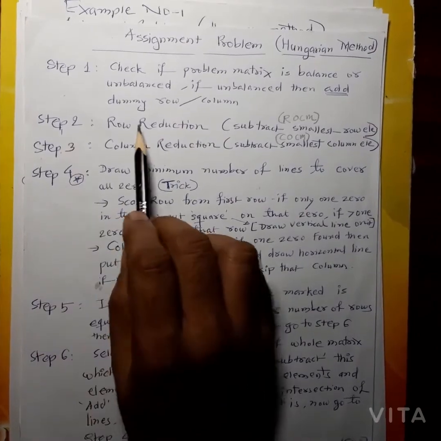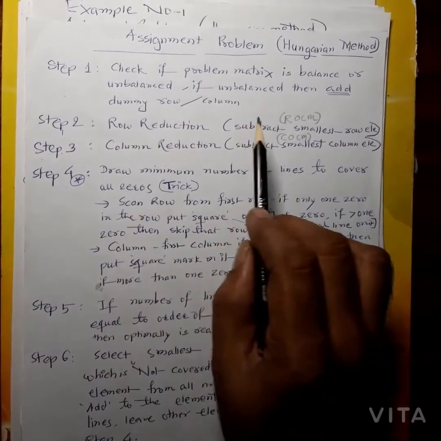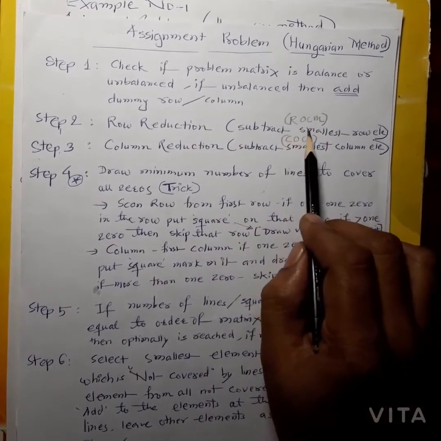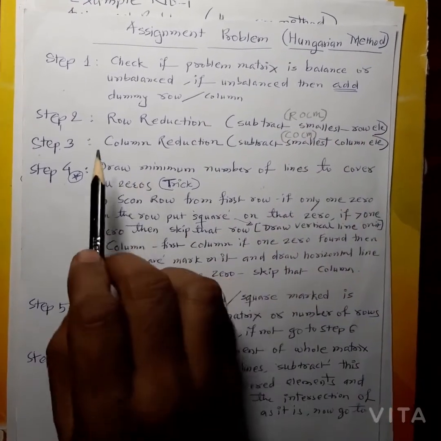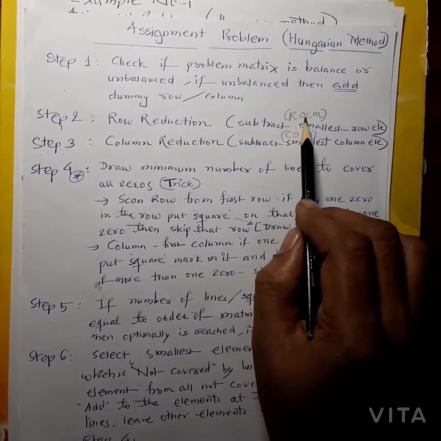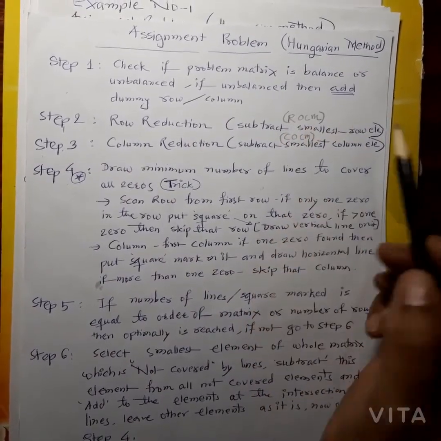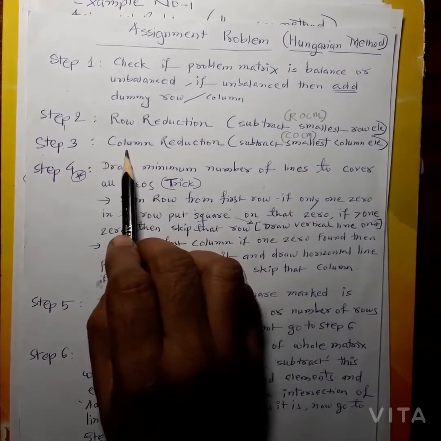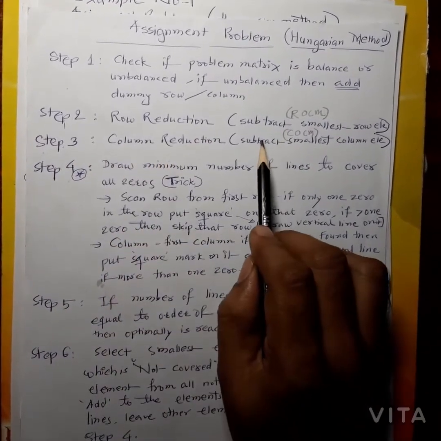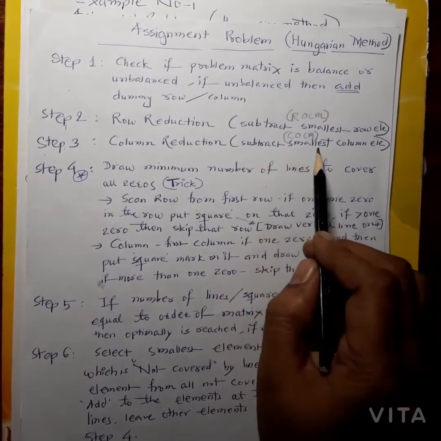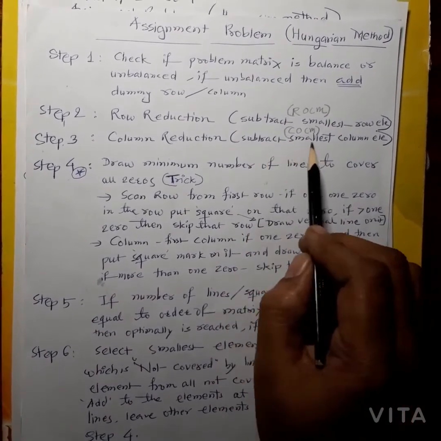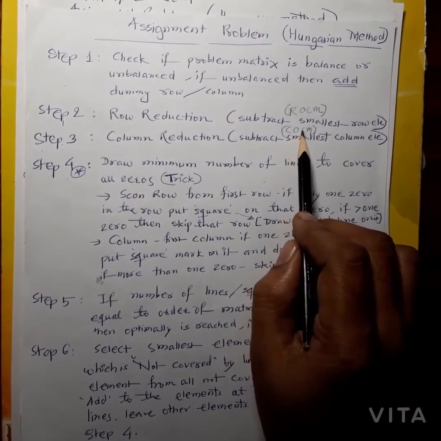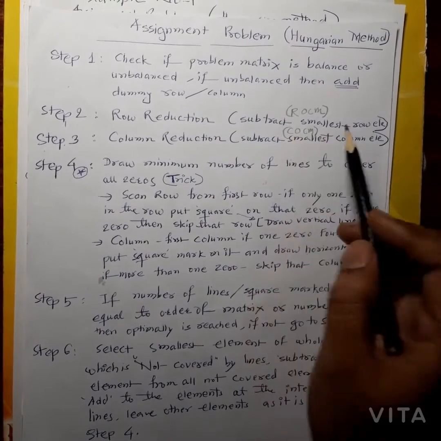In step 2, we should go for row reduction, that means subtraction of smallest row element from corresponding row, also known as row opportunity cost matrix, ROCM. In step number 3, go for column reduction, that means subtraction of smallest column element from corresponding column. We will get column opportunity cost matrix, COCM.